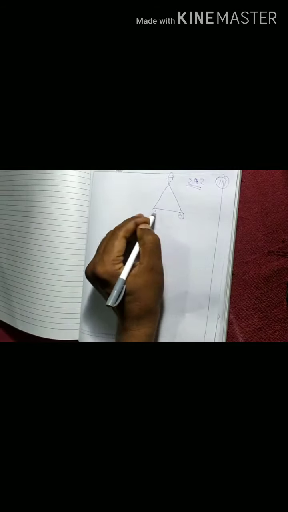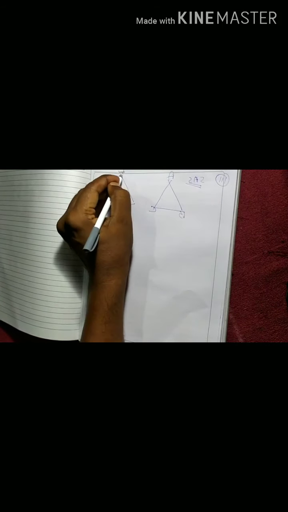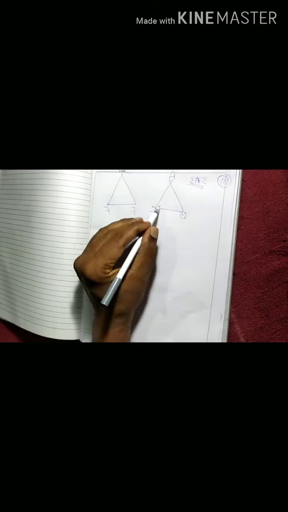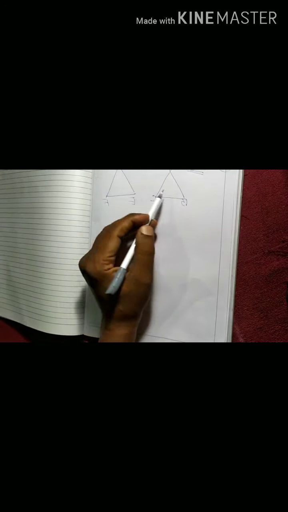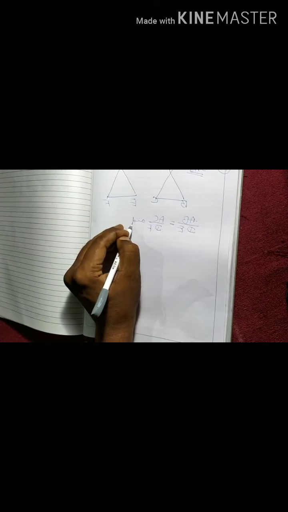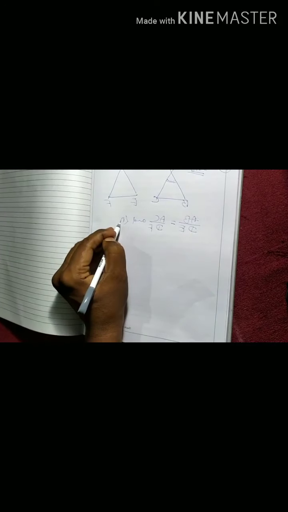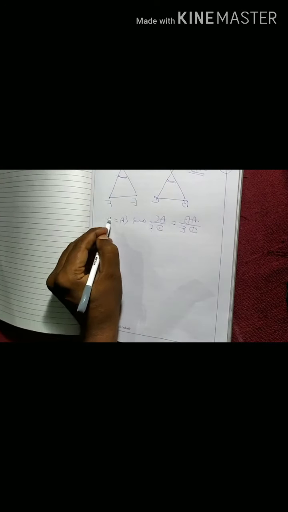Third, SAS similarity criteria. In this criteria, suppose ABC and DEF are two triangles in which any two corresponding sides are in equal ratio, like AB by DE equal to AC by DF, and the included angle A is equal to the included angle D, then triangles are said to be similar.